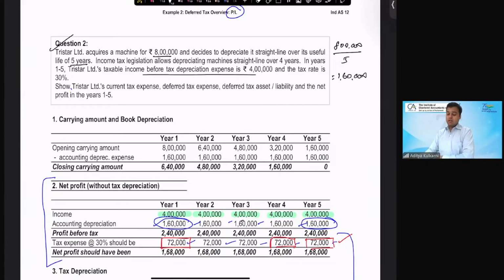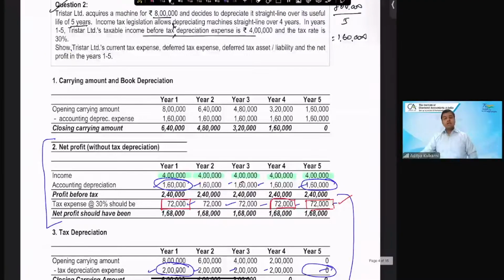In years 1 to 5, TriStar Limited's taxable income before tax and depreciation expense is 4 lakhs and the tax rate is 30%. Show TriStar Limited's current tax expense, deferred tax expense, deferred tax asset or liability, and the net profit in the years 1 to 5. Okay, so shall we start?